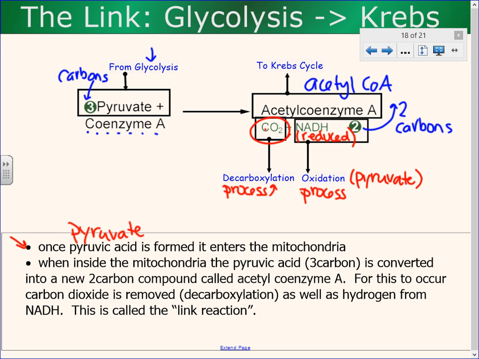When inside the mitochondria, I take my pyruvic acid or my pyruvate, which has 3 carbons, and I convert it into a new 2-carbon compound called acetyl coenzyme A. For that to happen, I remove carbon dioxide, which is decarboxylation, and I also take hydrogen. This we call the Link reaction. It's the thing that happens in between glycolysis and the Krebs cycle.